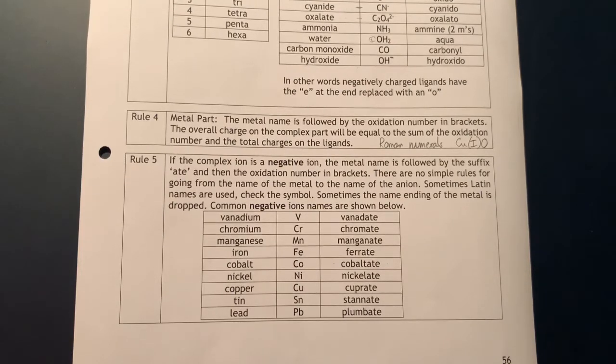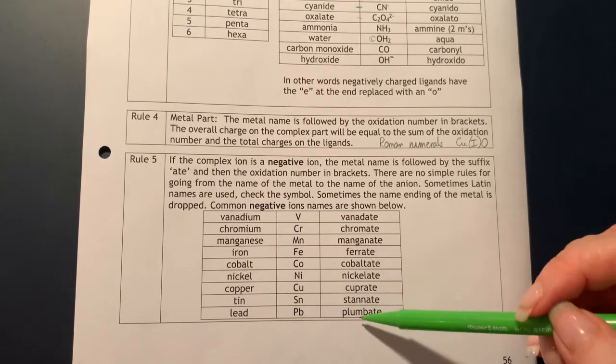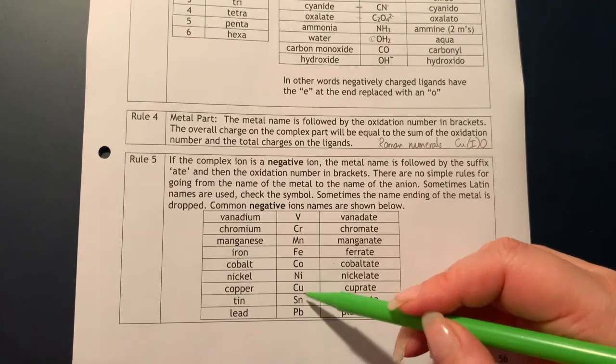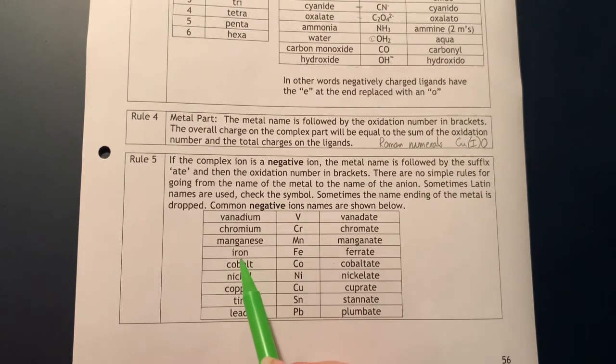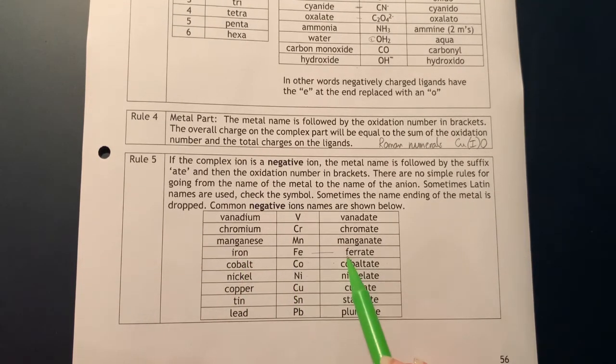So vanadium becomes vanadate, chromium becomes chromate, manganese is manganate, then we've got ferrate, cobaltate, nickelate, cuprate, stannate and plumbate. So most of these agree with what their actual symbol is. So instead of iron, which we know is Fe, we're moving back to the Latin name and referring to our iron as ferrate, hence the Fe.